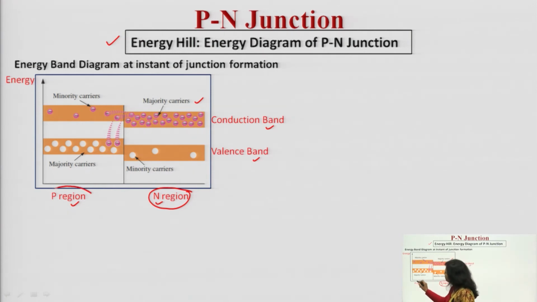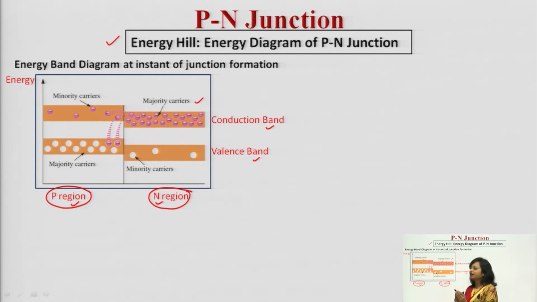For P type semiconductor, majority charge carriers are holes. So here you can see this valence band is filled with the majority charge carriers, which are holes, and some minority charge carriers are available over here.